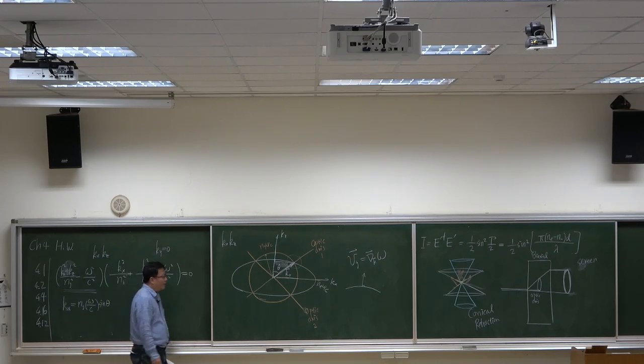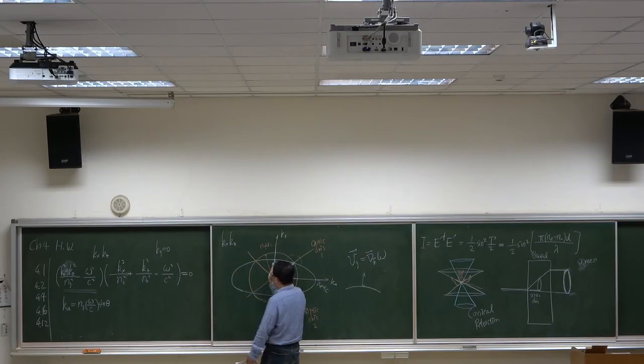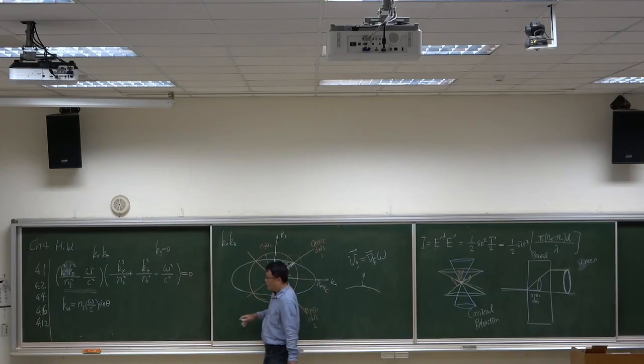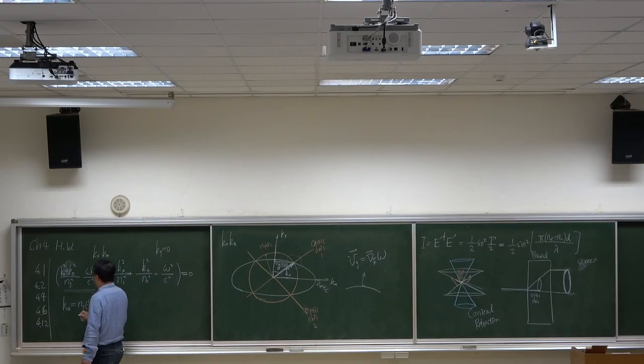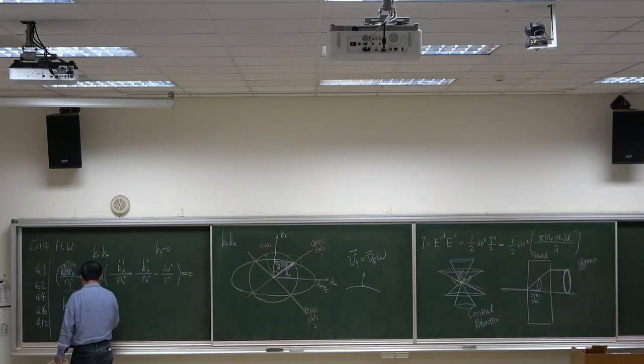Notice that now theta is the polar angle. This angle is the angle between this vector and the z-axis, not the x-axis. So here we have sine theta. And k0z is ny omega over c times cosine theta.